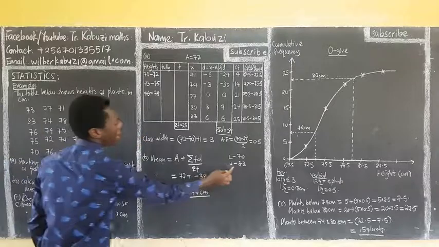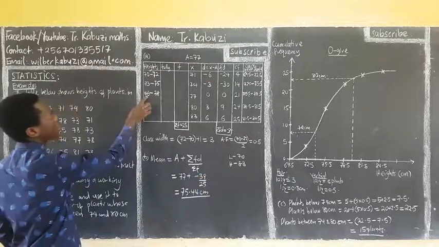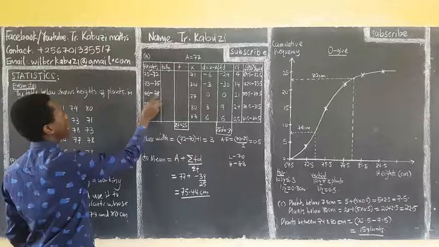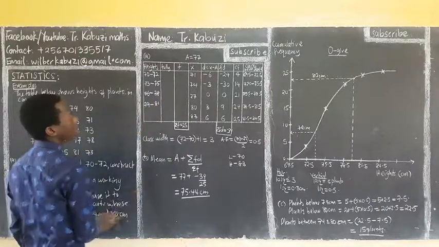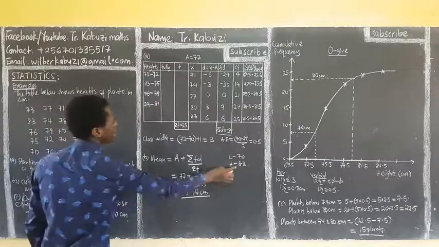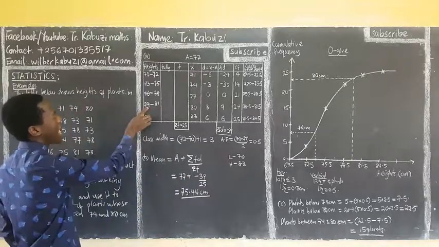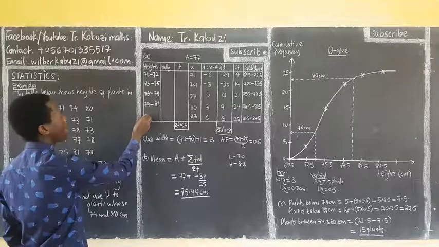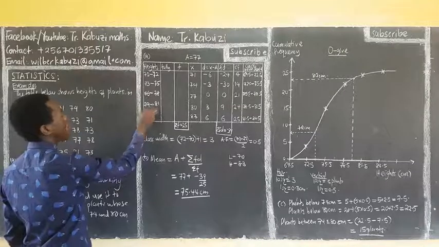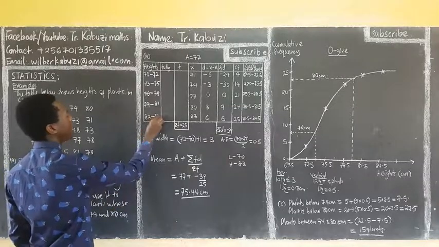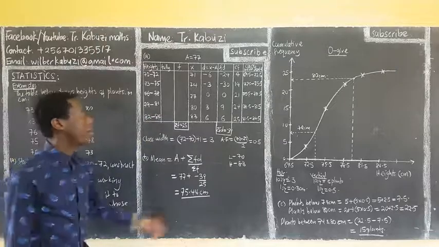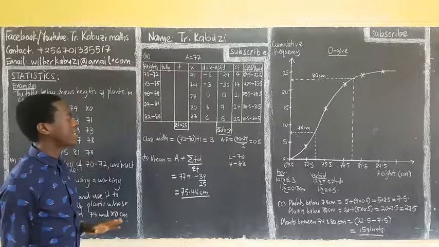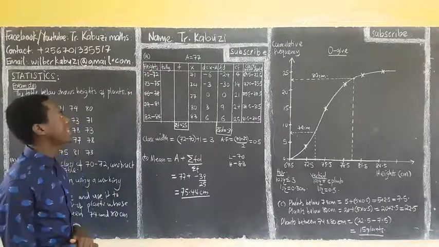Then add 3 here, I get 79, then 81. I've not accommodated the highest yet, so I add 3 here, I get 82, then 84. Now I've accommodated the lowest and the highest. That's how I generate the classes.